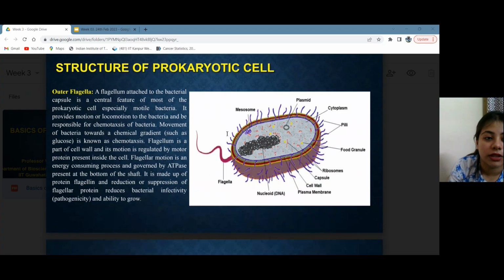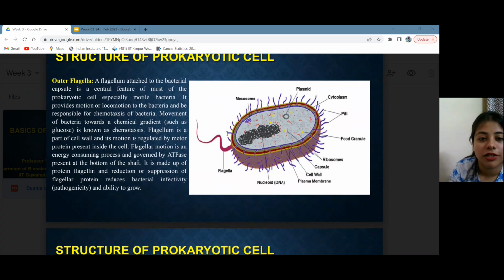Then we talk about the outer flagella, the flagellum attached to the bacterial capsule. This is what you see here. It is majorly responsible for one crucial function, which is chemotaxis. It's necessary for locomotion, for movement of the bacterial cell, right? They do not have other appendages, so they need to be propelled through whatever surface or medium they are moving through, and for that this flagellar structure is extremely crucial.